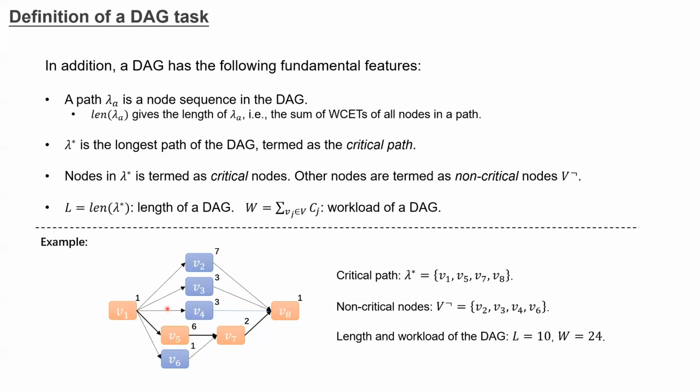Each DAG has a length L, which equals the critical path, and the workload W, which equals the sum of the WCETs of all nodes in the DAG. For the same example, we have the critical path with nodes 1, 5, 7, 8, and the length of the DAG is 10, and its workload is 24.